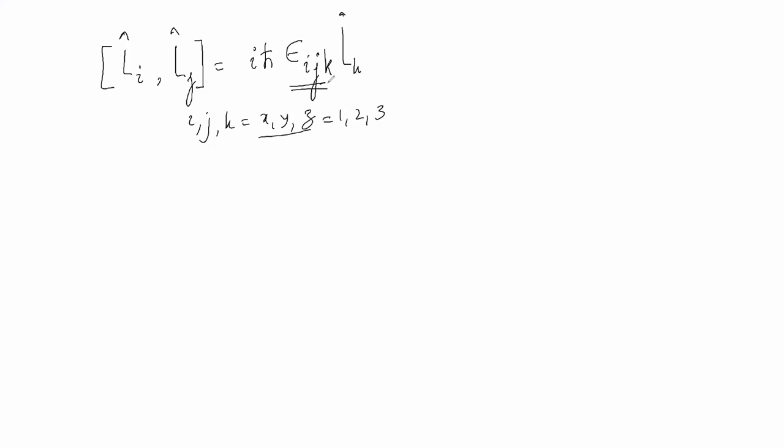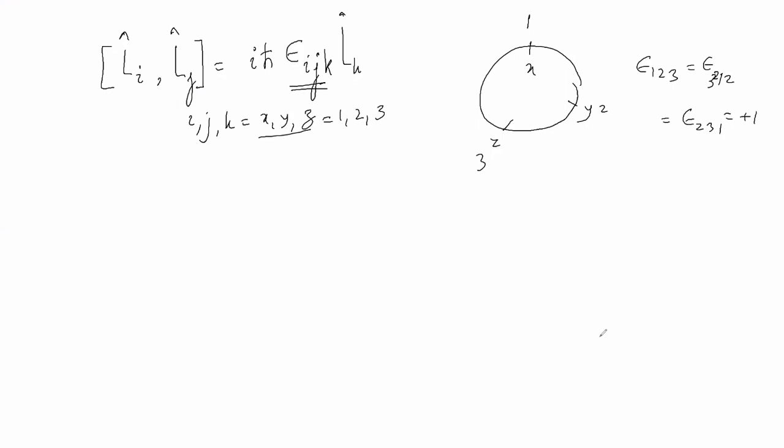What is the property associated with this epsilon? For a cyclic permutation, 1, 2, 3, 3, 1, 2, then 2, 3, 1, this is plus 1, or epsilon 1, 3, 2, this will be minus 1.